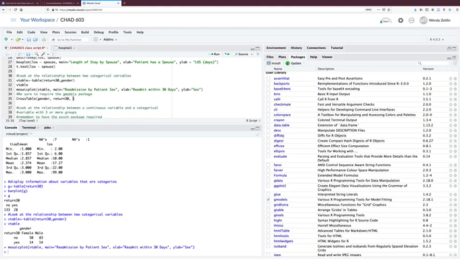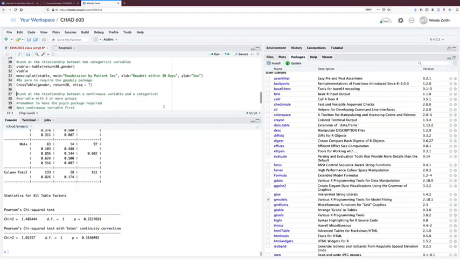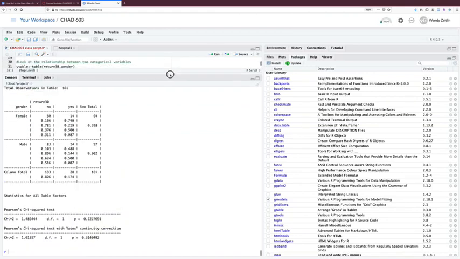So after the return 30, we're going to put chi-square, equals T. That's telling us it's true that we want the chi-square test. So it's going to look just like the CrossTable function that you saw prior. However, it's going to give us the results of that chi-square test as well, as you saw in your book.